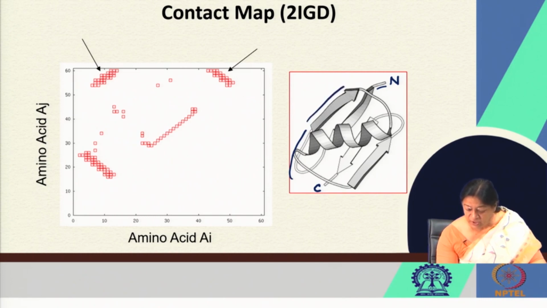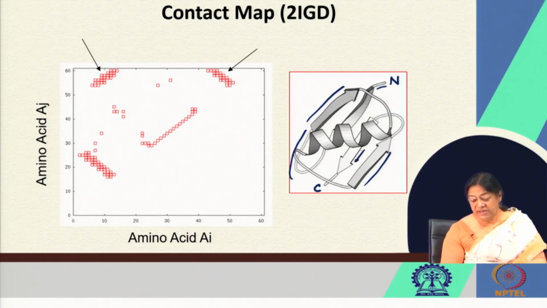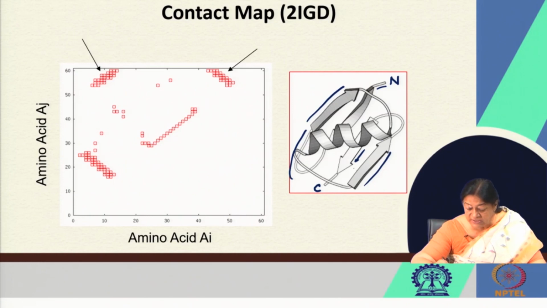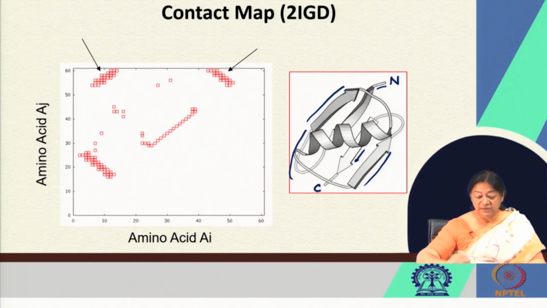Then we have the formation of the helix, and then we have this beta strand that then forms the other beta strand. So, what we do have is two beta strands, so this is an antiparallel beta strand, here also we have an antiparallel beta strand, and we have a helix.